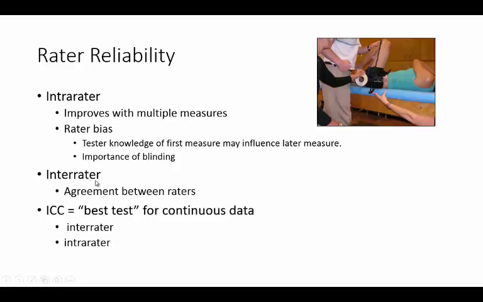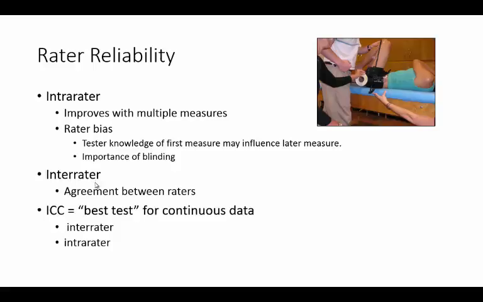Inter-rater reliability, however, talks about the agreement between raters. So rater number 1 and rater number 2, or therapist 1 and therapist 2. If therapist 1 is measuring the knee range of motion or the hip range of motion and gets a number, and therapist number 2 measures the same thing and gets a number, are they agreeing on these numbers?